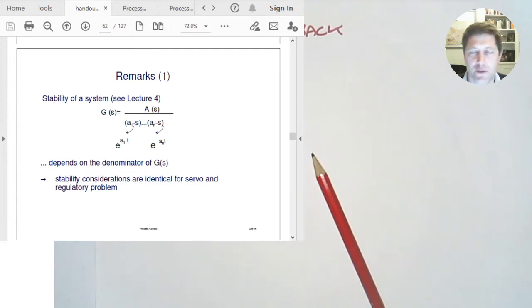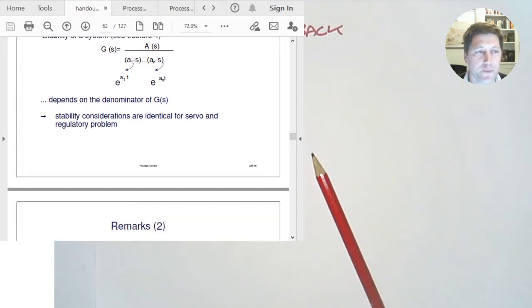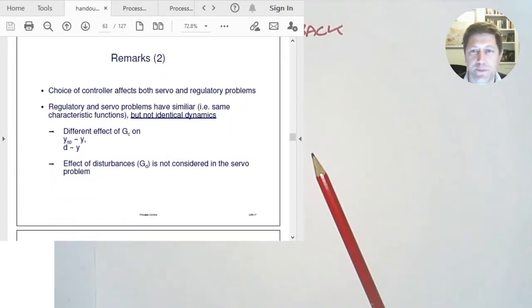That means they're bounded and they won't prompt a response that disappears to infinity and causes an explosion. So the control problem from a stability point of view is the same for both the servo and the regulatory problem because they've got the same denominator. So that's convenient. We can design our controller to be stable for both of them, which is a good starting point.